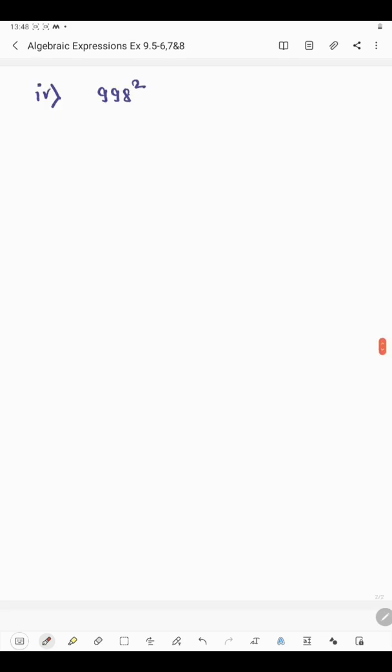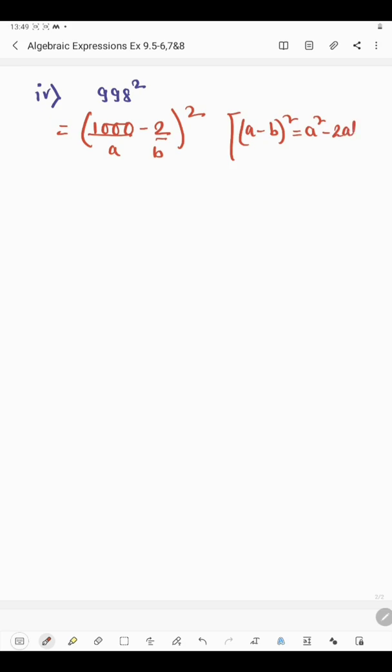Now in the fourth part we have 998 square. This can be written as 1000 minus 2, right? Because this is 2 less than 1000. So this is the (a minus b) whole square identity. If you consider the first term as a and the second term as b, then it is a square minus 2ab plus b square.